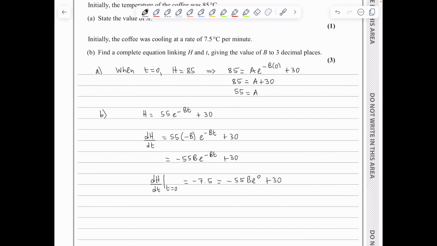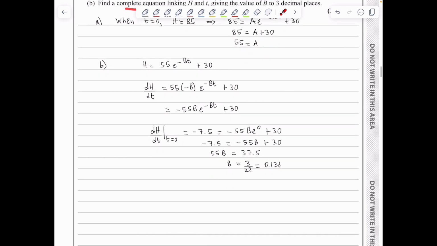So we've got minus 7.5 is minus 55b plus 30, which leads to 55b being equal to 37.5, and therefore b turns out to be 3 over 22, which correct to 3 decimal places as instructed is 0.136. Well, we need to find a complete equation here, so the final line here to score all marks will be that capital H is equal to 55 e to the minus 0.136t plus the 30.